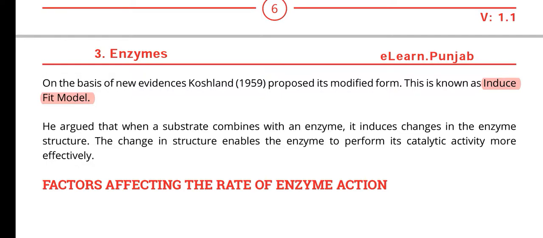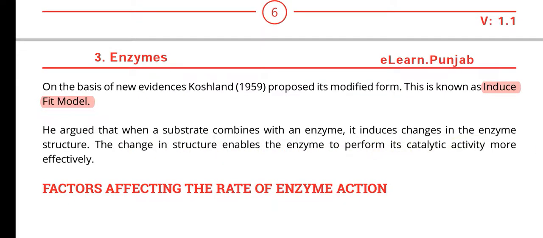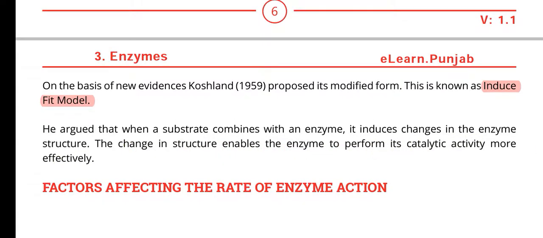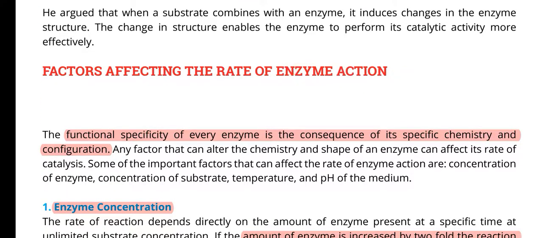He argued that when a substrate combines with an enzyme, it induces changes in the enzyme structure. The change in structure enables the enzyme to perform its catalytic activity. The induced fit model says that the active site can change itself according to the shape of the substrate and is flexible.